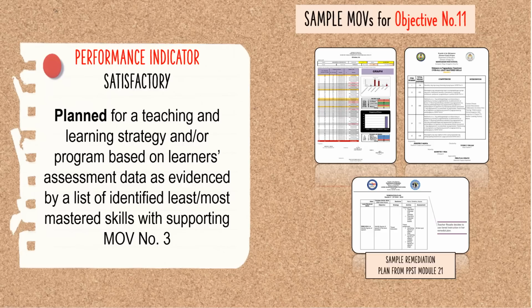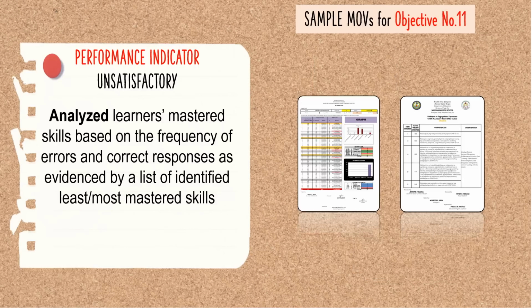Ang MOV number 3 na binanggit ko kanina ay lesson plan, activity log for remediation, enhancement utilizing of assessment data to modify teaching and learning practices or programs. So these are the sample MOVs para sa objective number 11.